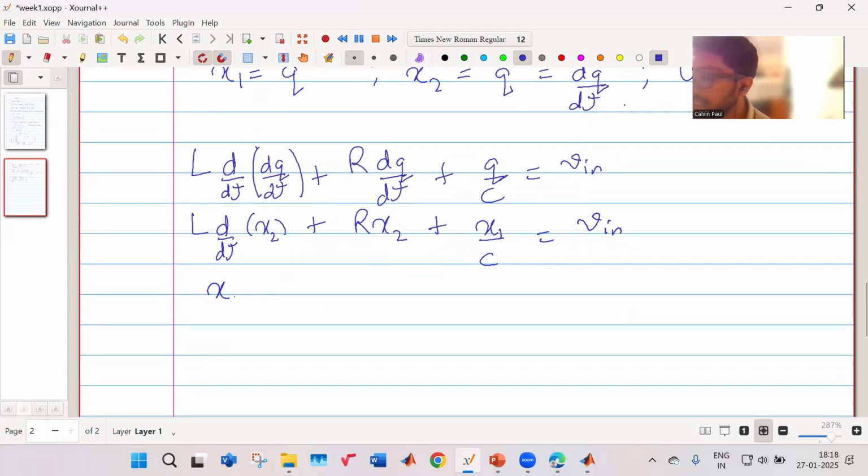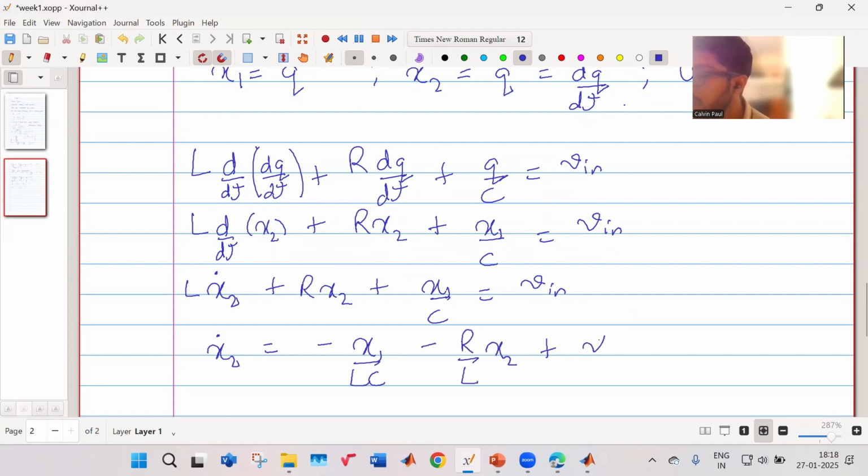So we get L into x2 dot plus R into x2 plus x1 upon C is equal to V in. So how do we write it? x2 dot is equal to minus x1 upon LC minus R upon L x2 plus V in upon L.